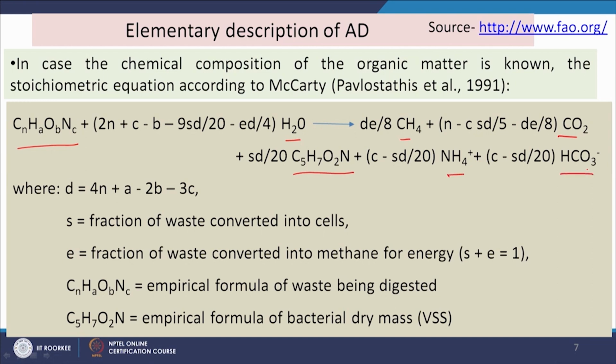These are the different products we get through the anaerobic digestion process from organic feedstocks, and different coefficients have been proposed, with relationships given here, where S is the fraction of waste converted into cells and E is the fraction of waste converted into methane for energy, so S plus E equals 1, and D equals 4n plus a minus 2b minus 3c, where n, a, b, c are the molar ratios in the feedstock.